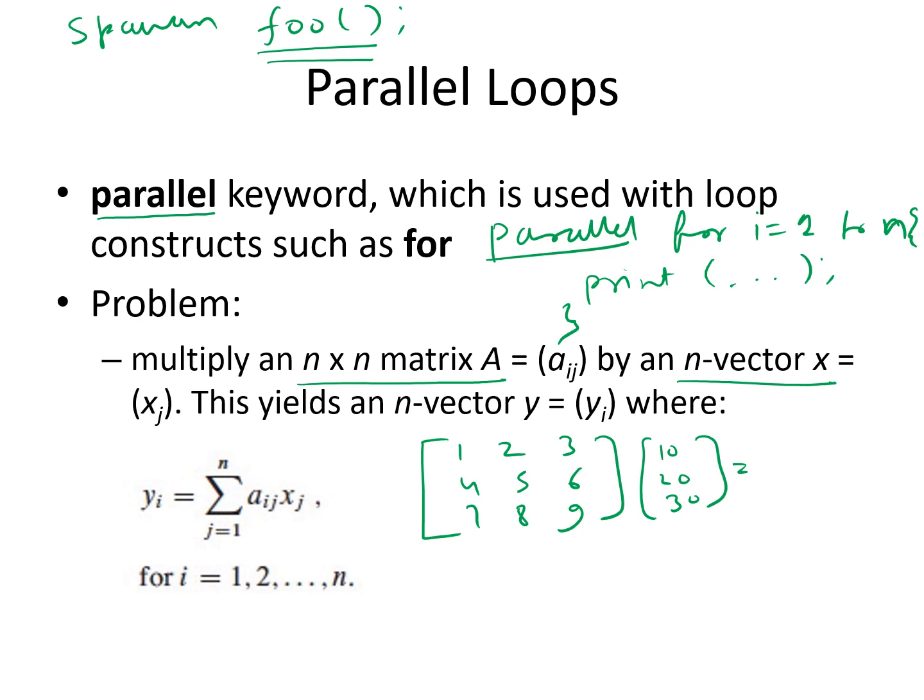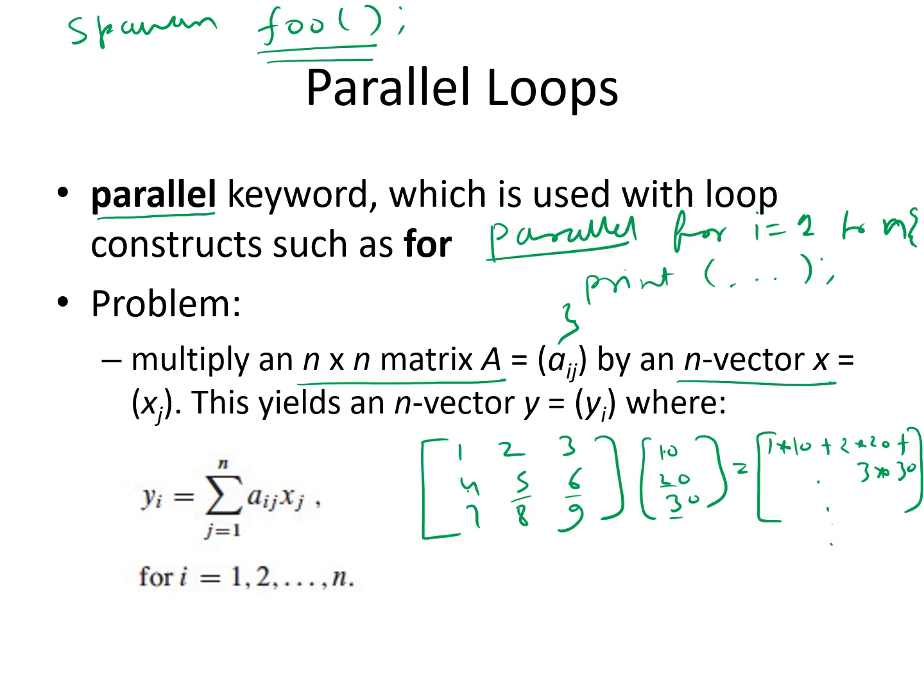So you all would know that basically the first row will be multiplied with all of this column, right? So the first element here in the resultant vector would be 1 into 10 plus 2 into 20 plus 3 into 30. So this is going to be the first element, and then the second element similarly is calculated by 4 into 10, 5 into 20 plus 6 into 30, and so forth, right?